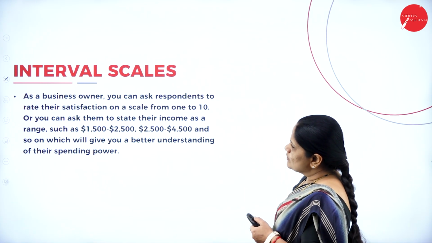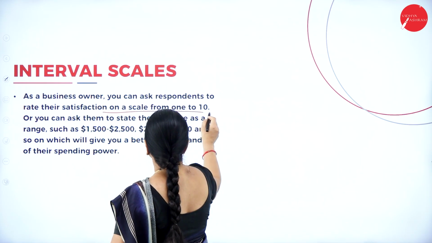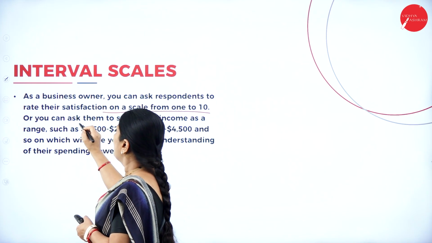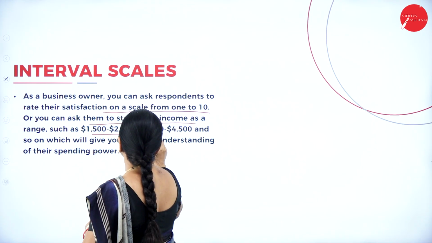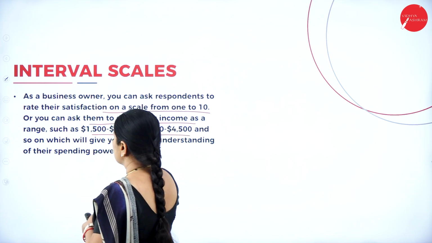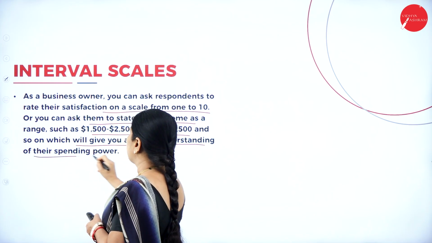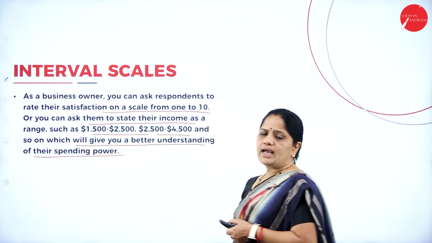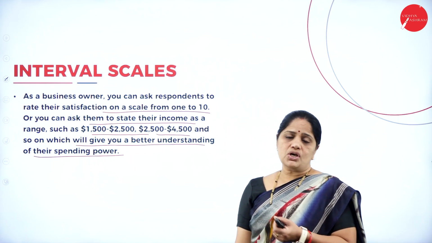As a business owner, you can ask respondents to rate their satisfaction from 1 to 10, or you can ask them to state their income as 1,500 to 2,500, 2,500 to 4,500 and so on, which will give you a better understanding of their spending power. If you are asking the income of a person, we cannot directly ask them, what is your income?